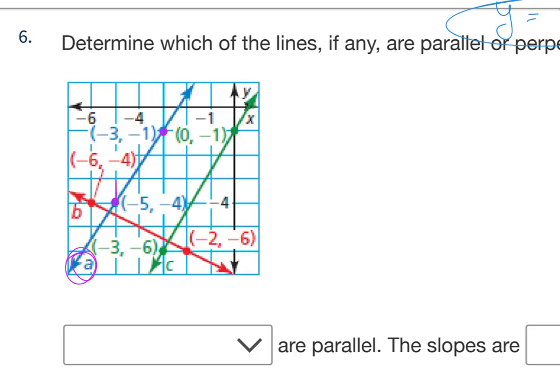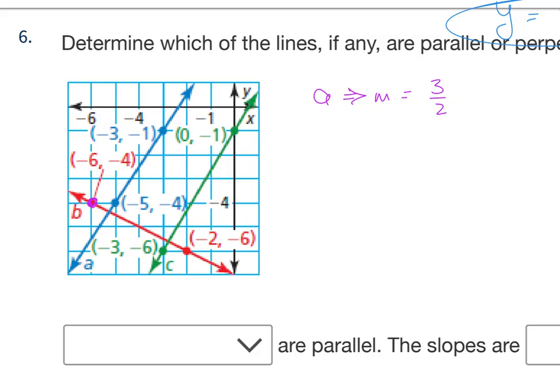So here's what I'm going to do. I'm rising 1, 2, 3, running 1, 2. So A's slope is 3/2. And I'm going to erase this just because that was kind of annoying. And then let's do line B. Here we are.